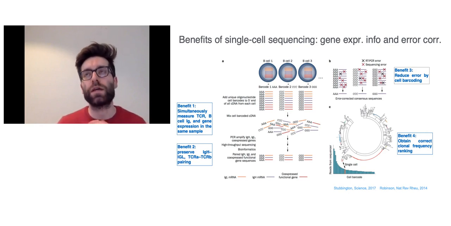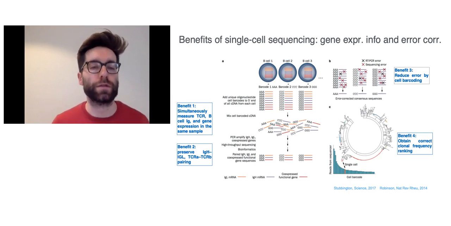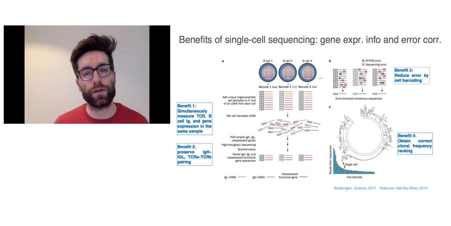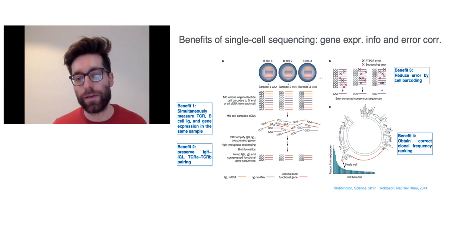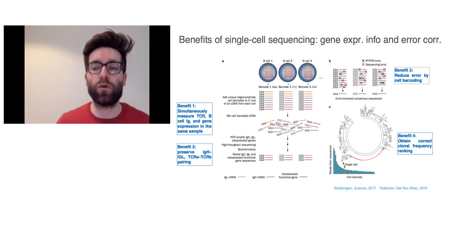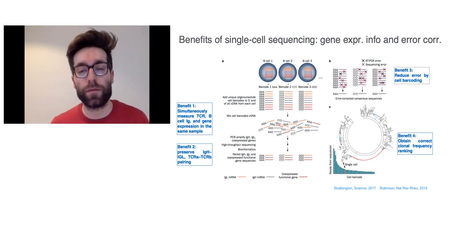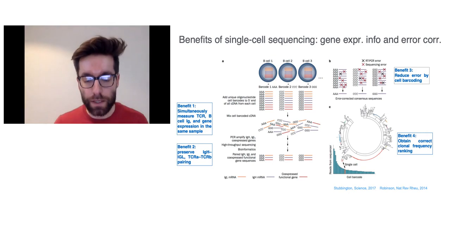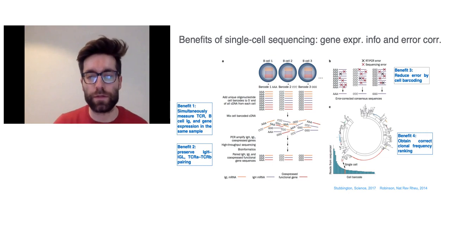Many people just correct these kinds of data by taking 1 VH and 1 VL, or 1 TCR alpha and 1 TCR beta, just to be completely sure that they are not looking at artificial diversity. It could also help, theoretically, to obtain a more correct clonal frequency ranking, because we have paired information.